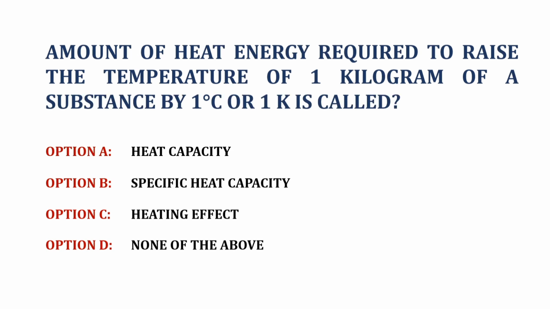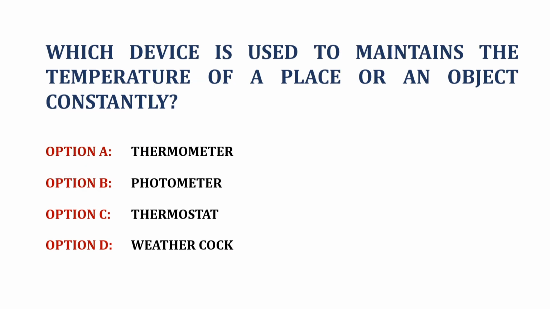Amount of heat energy required to raise the temperature of 1 kilogram of a substance by 1 degree Celsius or 1 Kelvin is called. Option B. Specific heat capacity. Which device is used to maintain the temperature of a place or an object constantly?